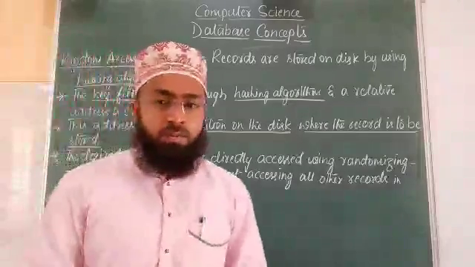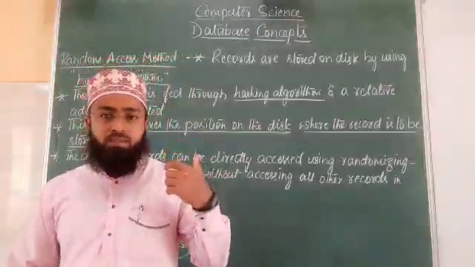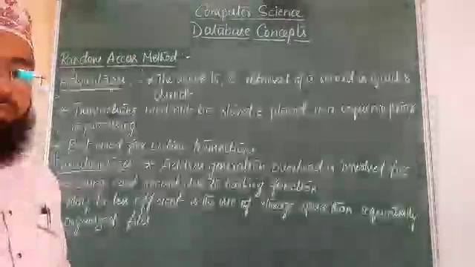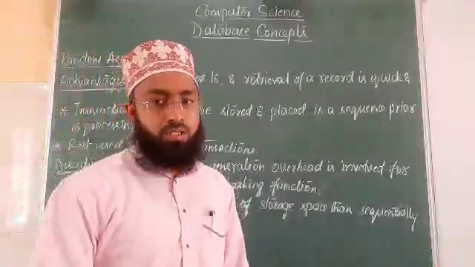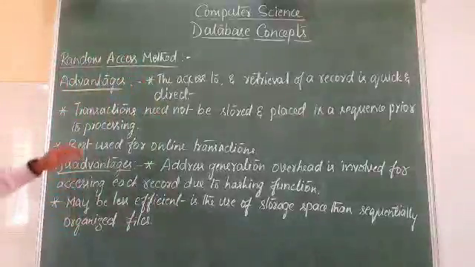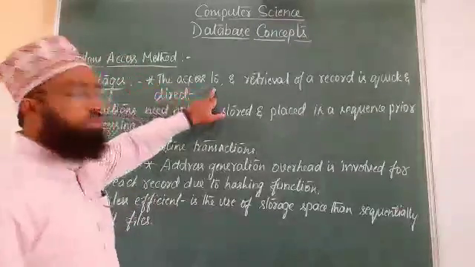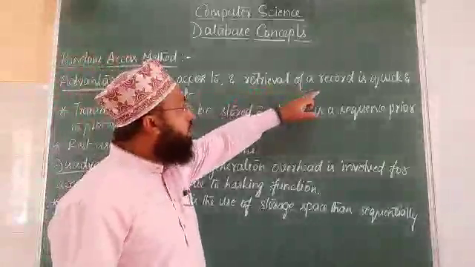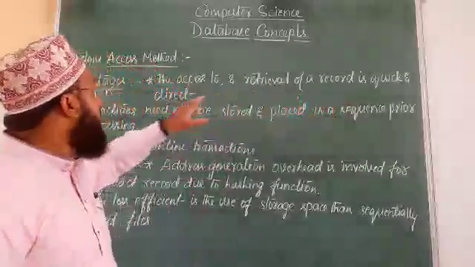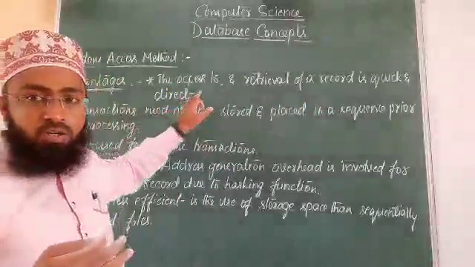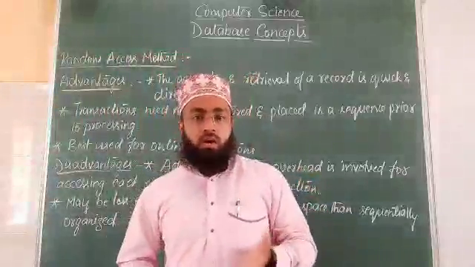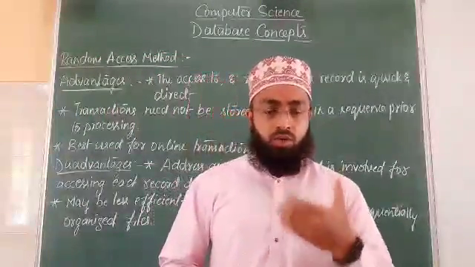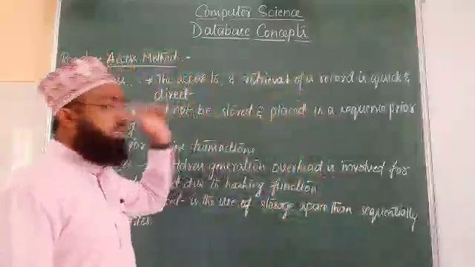Now come, we shall see what are the advantages and disadvantages of this random access method. The advantage of the random access method is that access, meaning retrieval of a record, is quick and direct. Any record you want to access or retrieve again and again is very quick and direct.